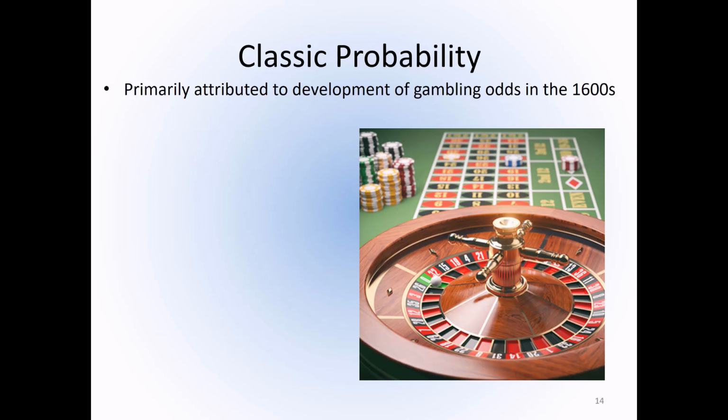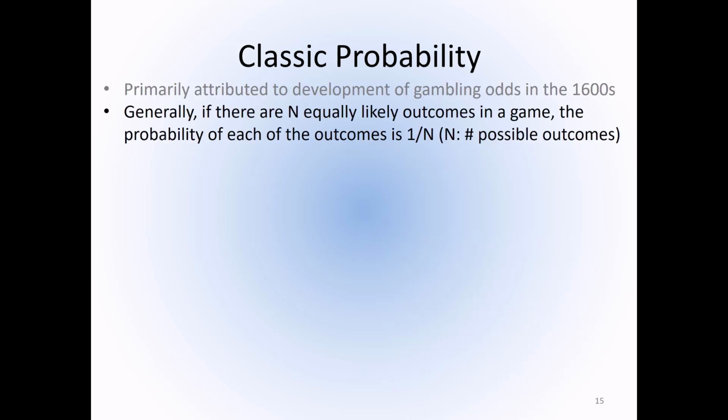Now we can break probability into two main fields. The first of which is classic probability, and this was developed by gamblers to improve their odds of winning. And so in general, when we're thinking about classic probability, there's a certain number of outcomes and they're all equally likely to occur.